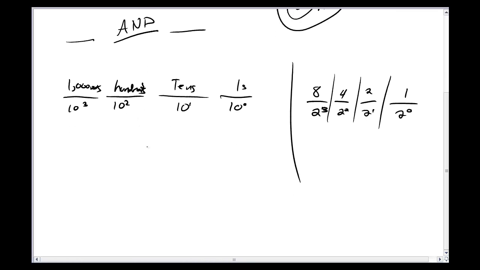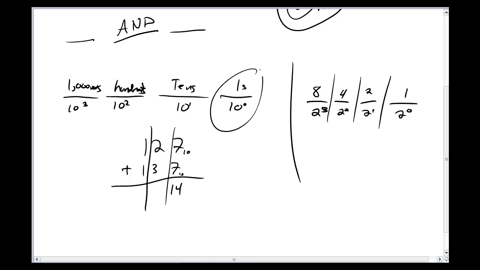So if I have a number like 127 in base 10, and I'm adding this to 137 in base 10, how do I do it? Well, I first go column by column, and the problem is when I do 7 plus 7, I get 14.